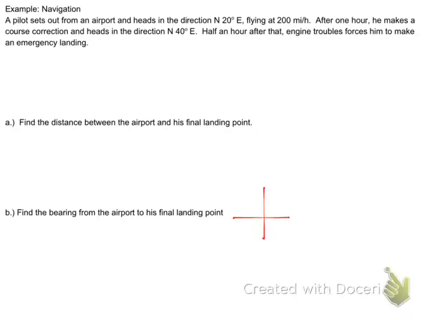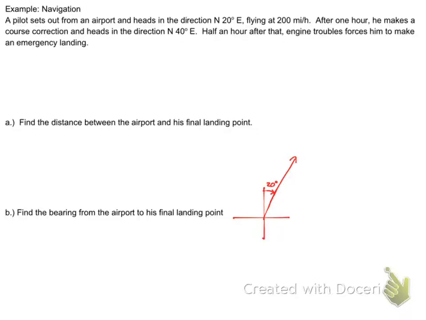What you're going to do is say, hey, I'm going north, but then I'm going east 20 degrees from north. And so the plane actually is going here, where that is 20 degrees. So the plane now is traveling for 1 hour in that direction, right?